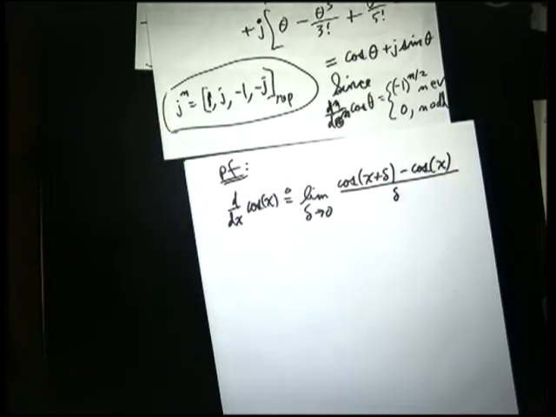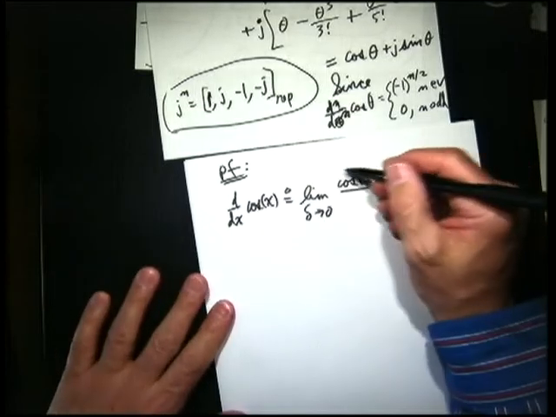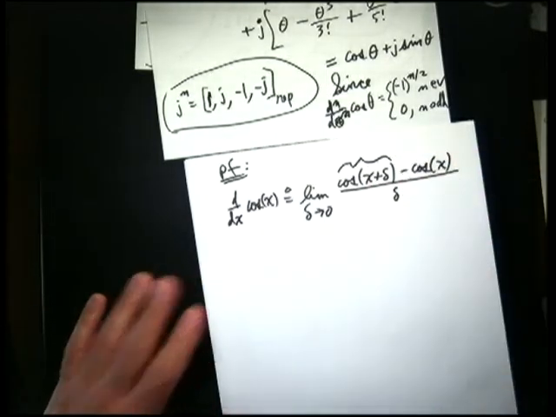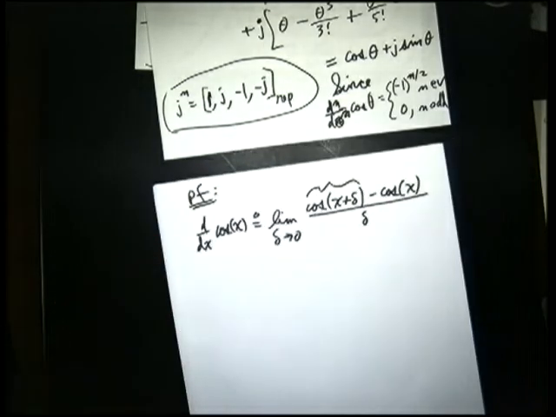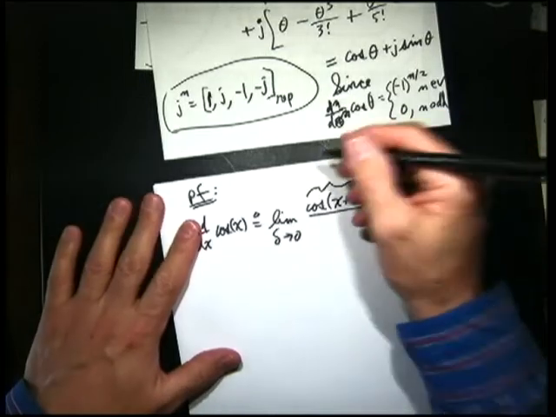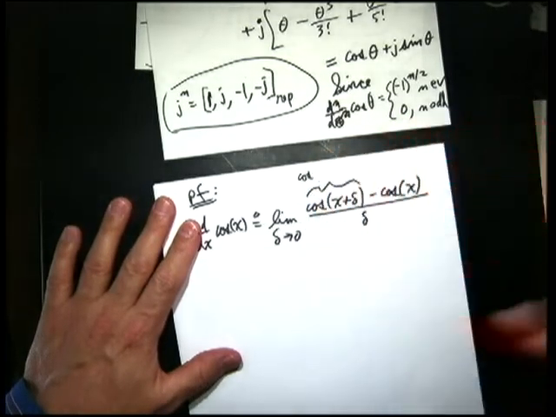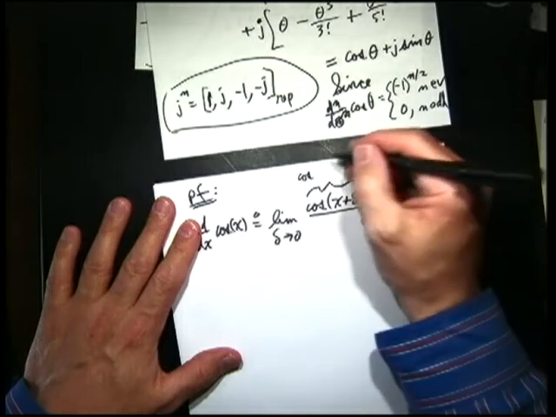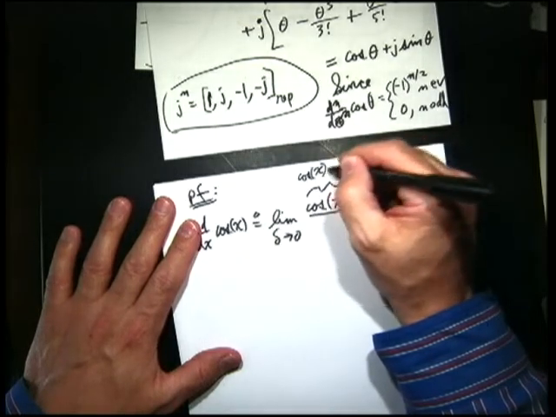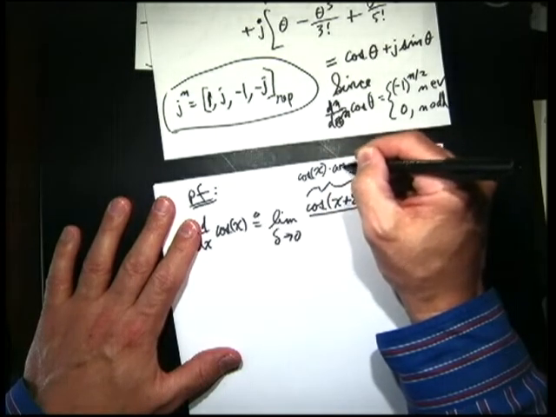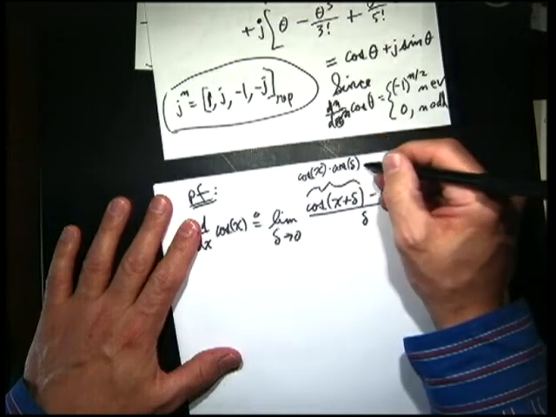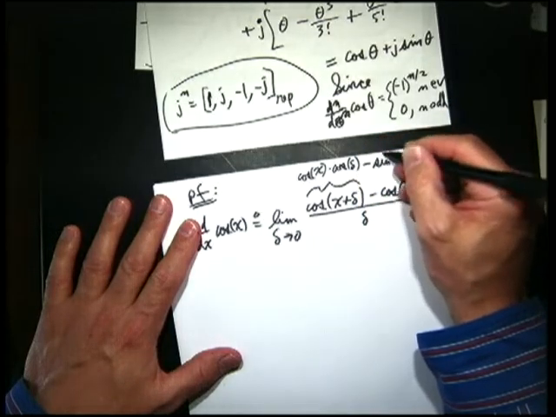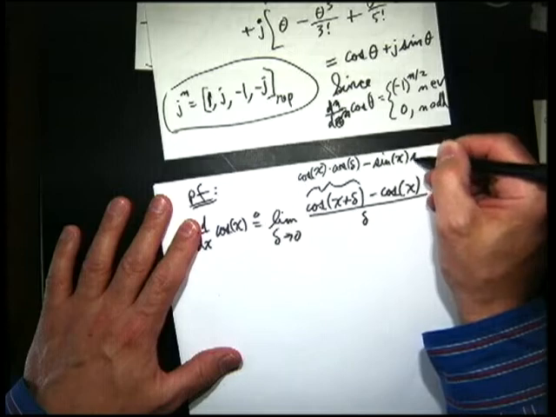Okay, that's just the definition of derivative. And so here's where we need a little trig. We have to remember the sum of angles formula, and so cosine of x plus delta is cosine of x times cosine of delta minus sine of x sine of delta.